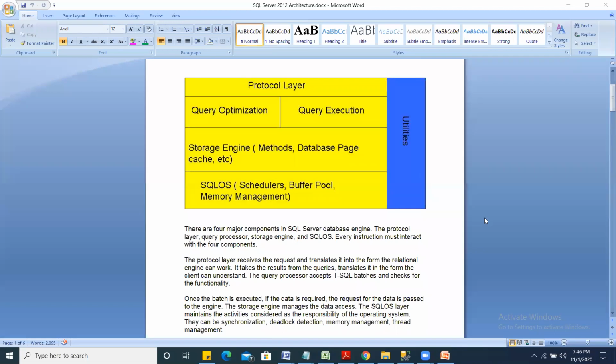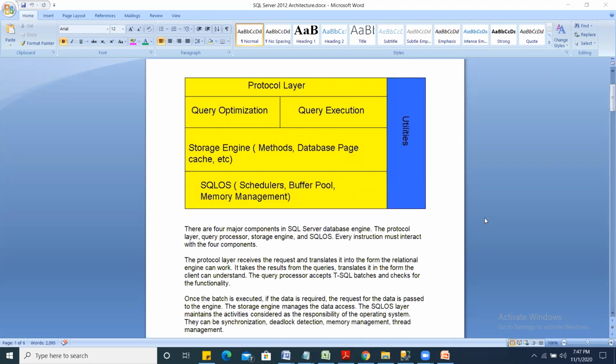The shared memory protocol is used by SQL Server for communication between client and SQL Server when both are hosted on the same machine. It may be a VM, it may be a physical machine.